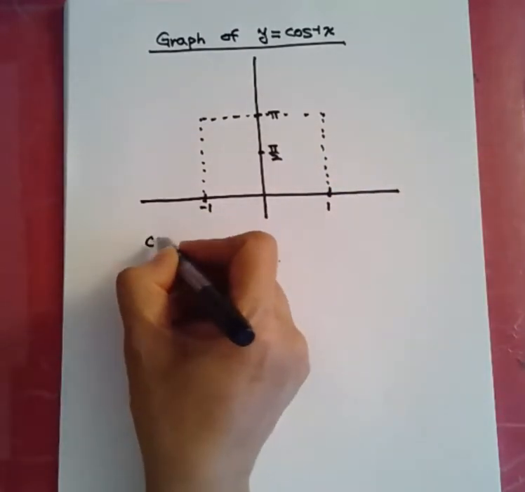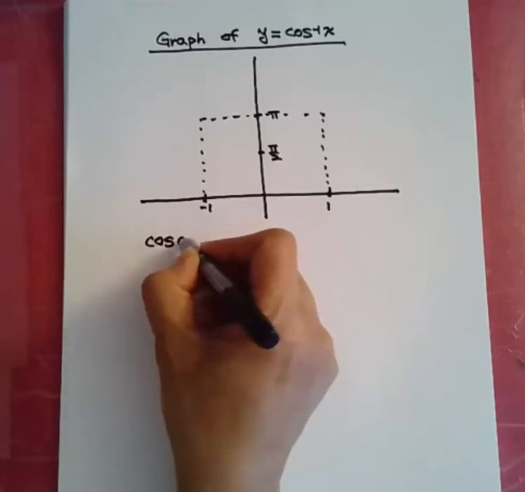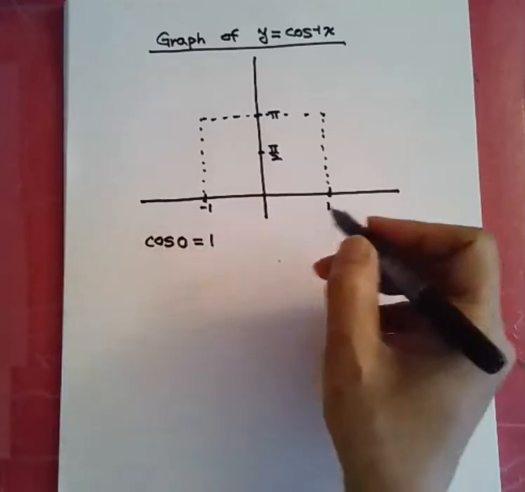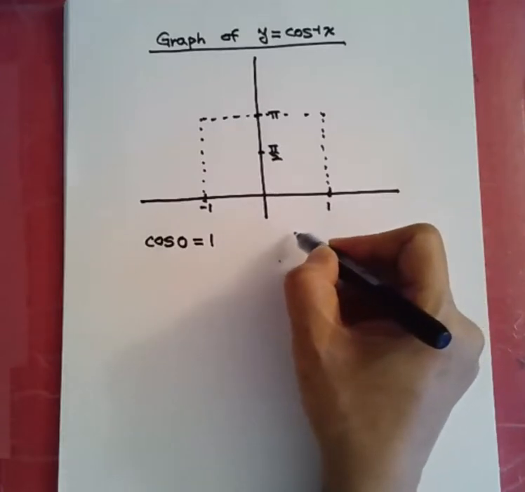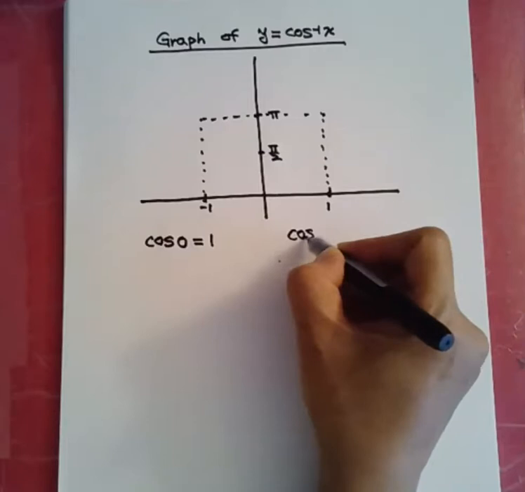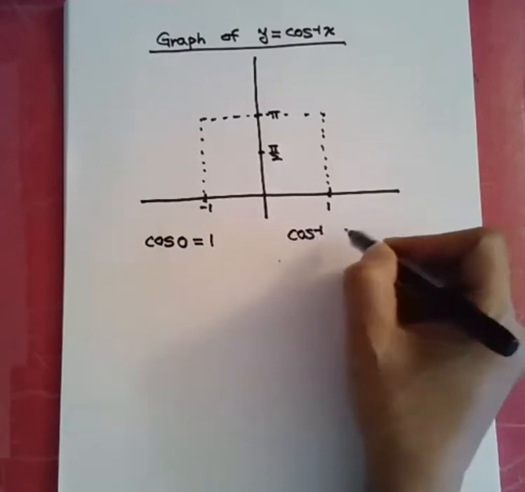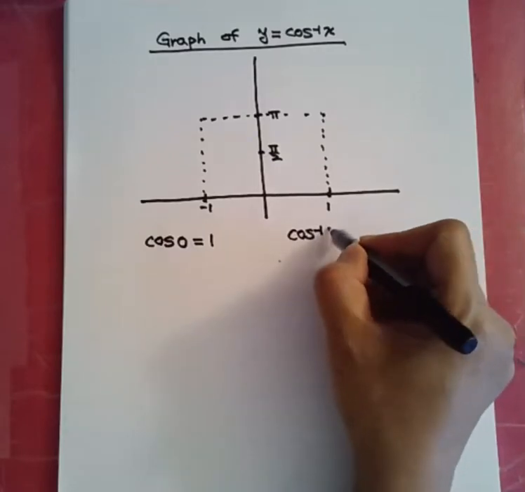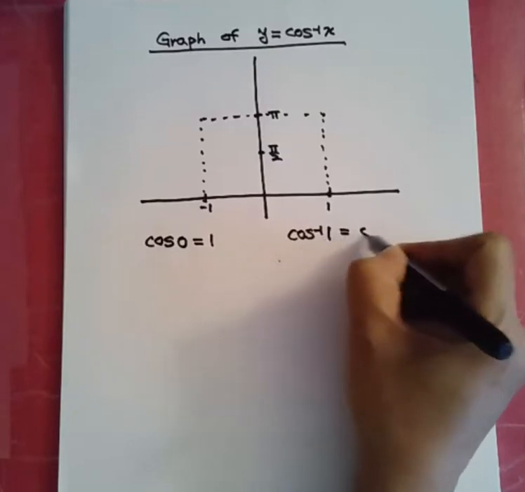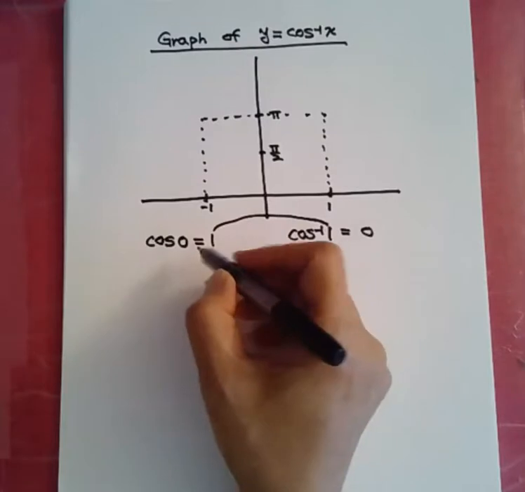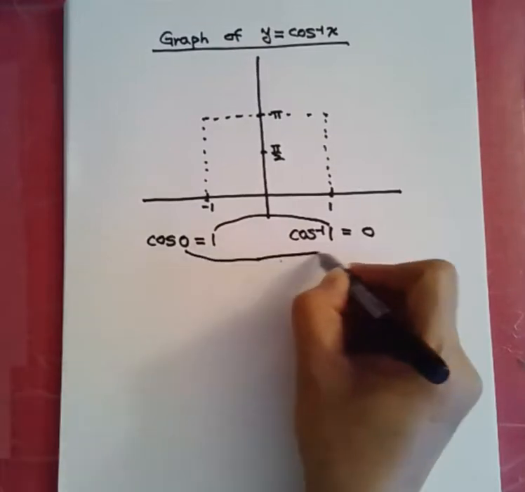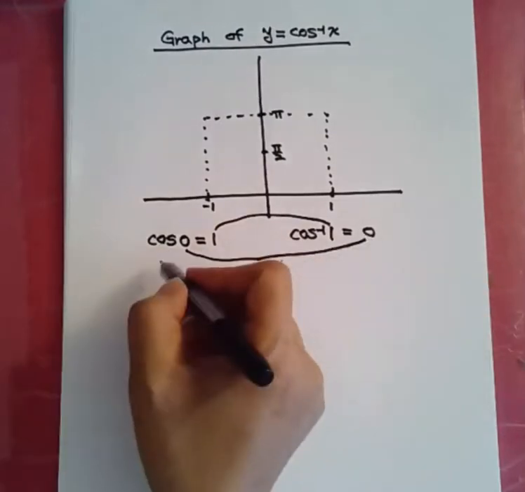Let's pick some sample points to evaluate. Cosine of 0 was originally 1. If we switch the output and input, then it becomes cosine inverse of 1 equals 0. So the output became the input of the inverse function, and the input became the output of the inverse function.